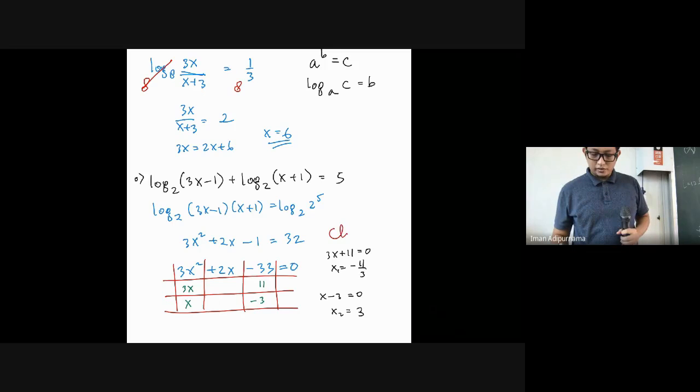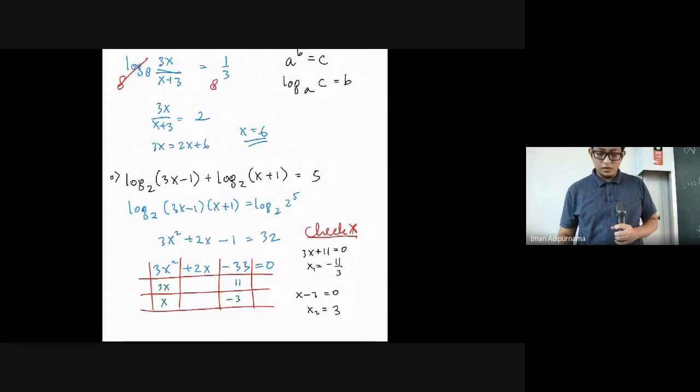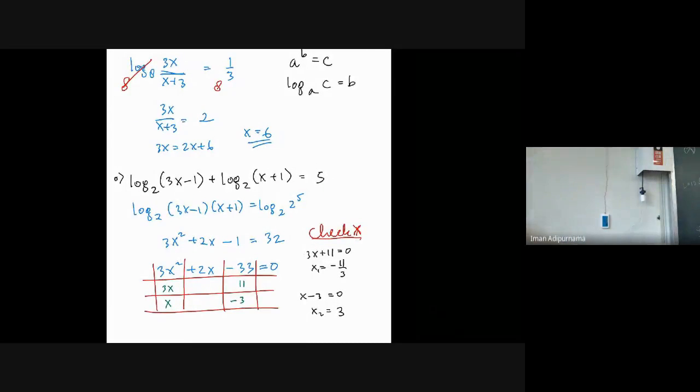Check x. If x is negative 11 over 3, you can say it's around negative 3 something. So imagine negative 3. Negative 3 plus 1 is negative 2.